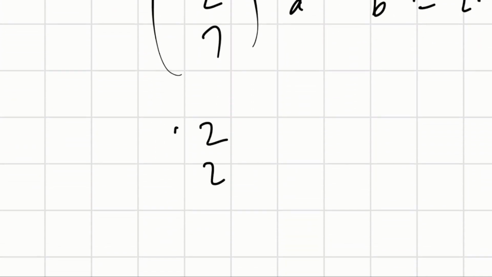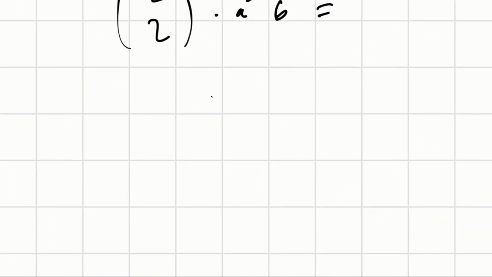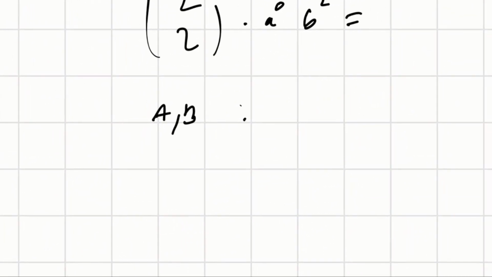So this is 2 over 2 times a to the 0, of course, and then b squared, which is equal to 2 times 2. If we have elements a, b, how many ways are there to combine those two elements? The order is regardless, so there is one way, and this is a, b.